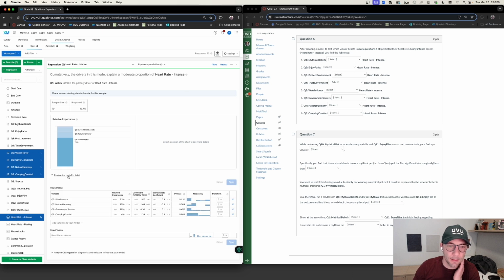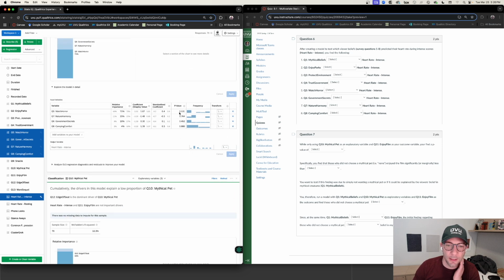I'm gonna go explore model. Here's my p-values. For me, none of these significantly predict heart rate intense. So you would say does not predict on all of them. But if they do predict, then if it's a positive beta, they increase.